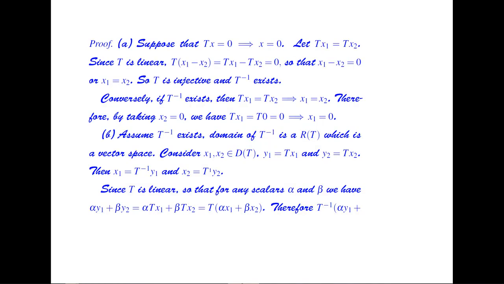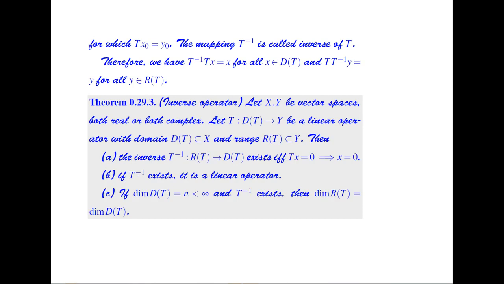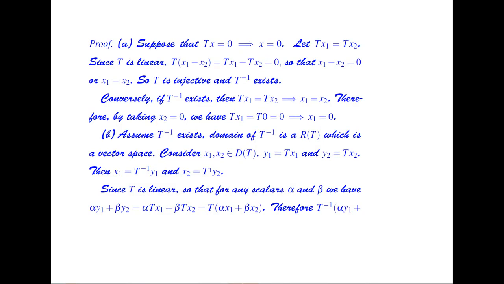Now first of all we prove the first part: the inverse of T exists if and only if T of x is equal to 0 implies x is equal to 0. Suppose that T of x is equal to 0 implies x is equal to 0. So let T x1 be equal to T x2. Now since T is linear, moving this part to the left hand side, this becomes T of (x1 minus x2) is equal to T x1 minus T x2, which is equal to 0.